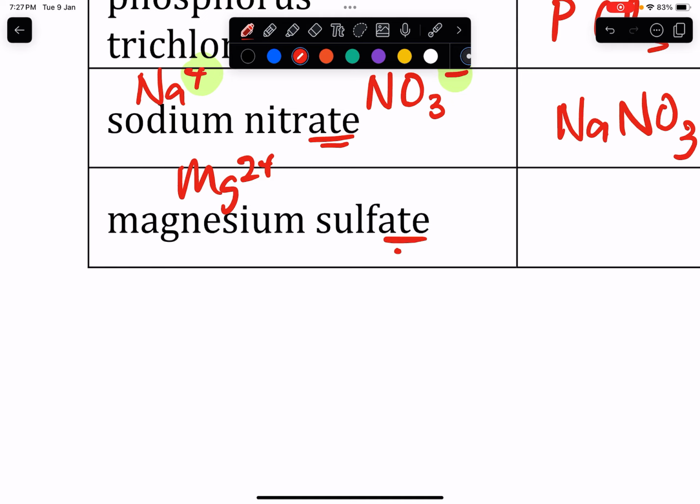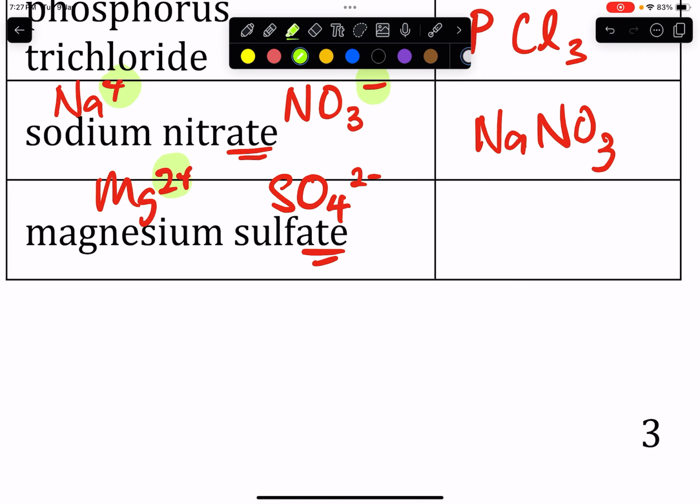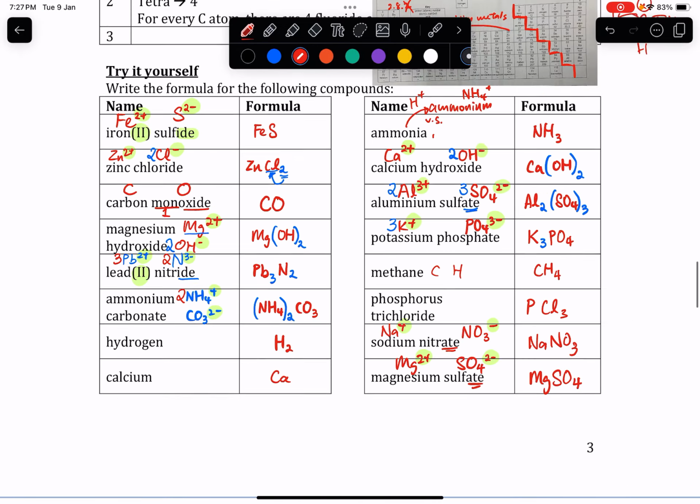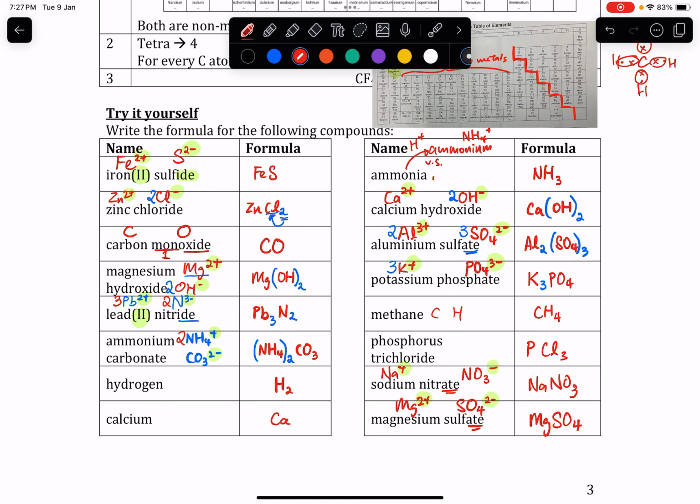Sulfate is a polyatomic ion between sulfur and oxygen. SO what? SO4 2 minus. Look at their charges. This is 2 plus, 2 minus. Hence, it is MgSO4. Okay, so that's it for this short exercise on chemical formulas.